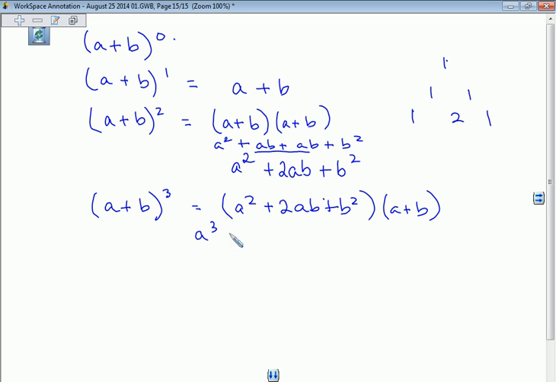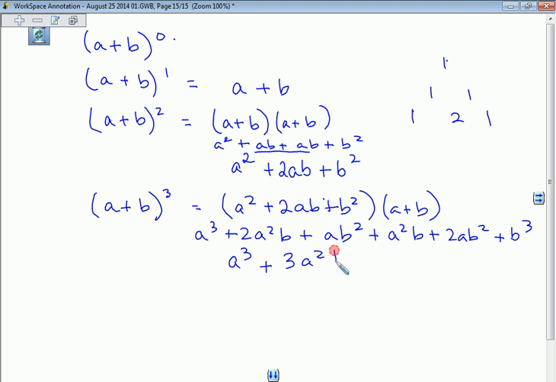This makes a cubed plus 2a squared b plus ab squared plus a squared b plus 2ab squared plus b cubed, which simplifies to a cubed plus 3a squared b plus 3ab squared plus b cubed.